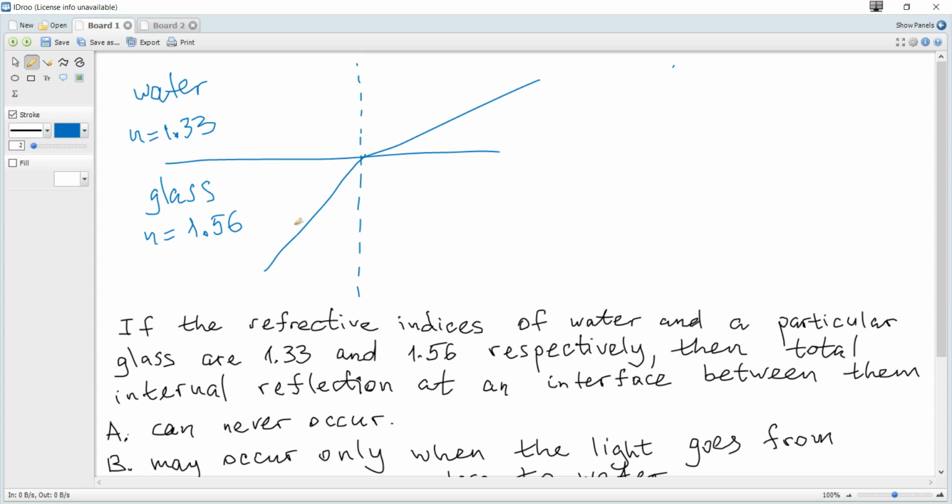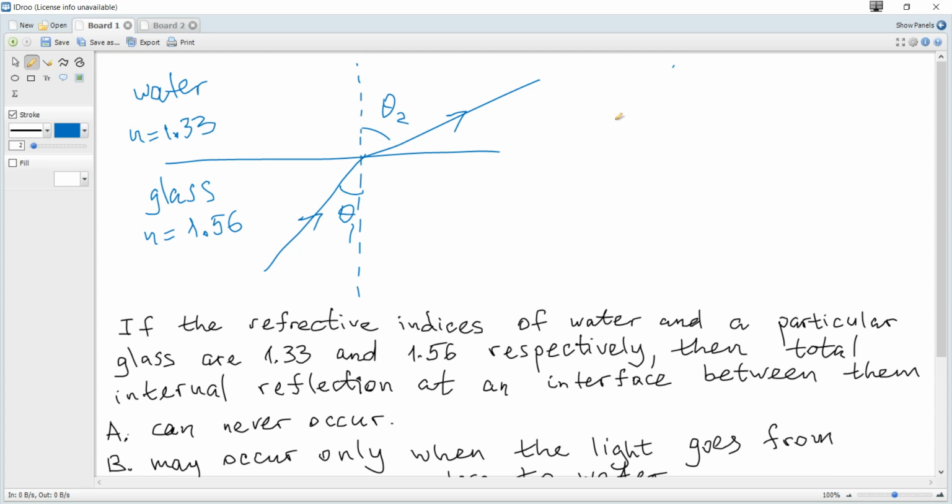Let's consider a ray moving from glass to water. This angle, it may be i as incident or just theta 1, is called the angle of incidence, and this is the angle of refraction, or refracted angle. Let it be theta 2 or r, it doesn't matter. To connect angles and refractive indices, we use Snell's law.